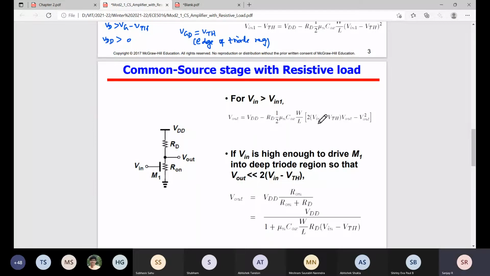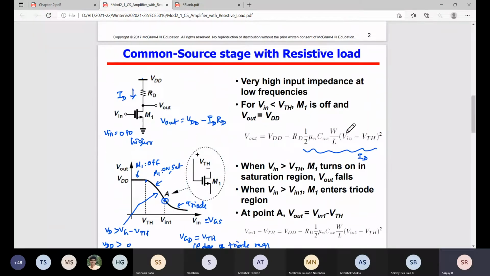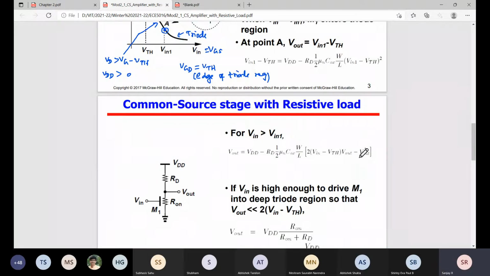You can bring the 2 inside. VGS minus VTH into VDS, where VDS is Vout, minus Vout square divided by 2.